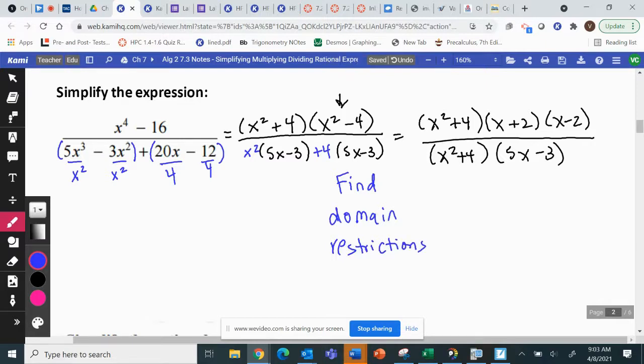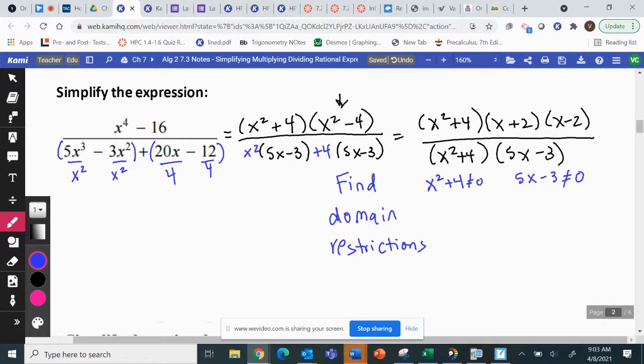Now, notice I haven't canceled anything yet. Find domain restrictions. So we're going to set each of these factors at the bottom equal to 0. Actually, I'm going to write it as does not equal because I don't want it to equal 0.